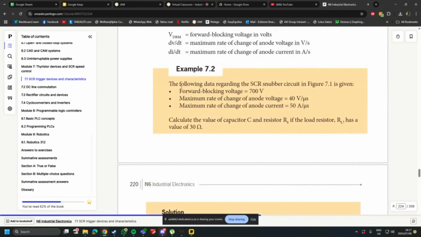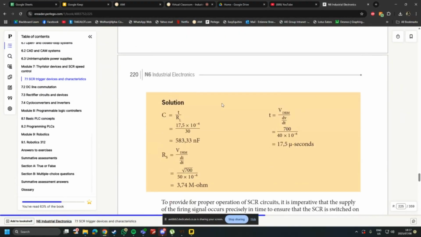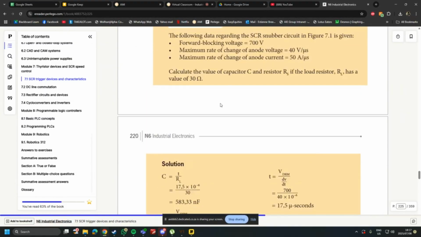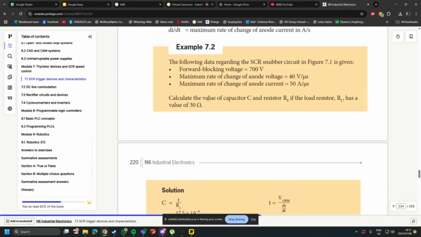And basically, we have another example here. Pretty straightforward. They ask us to calculate the capacitor and resistor RS with a given load resistance of 30 ohms. And they also give us the forward blocking voltage. Typically your forward blocking voltage is going to be the maximum of your supply voltage.